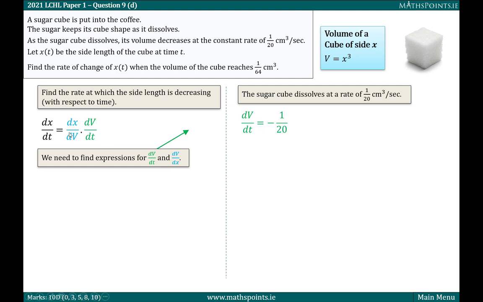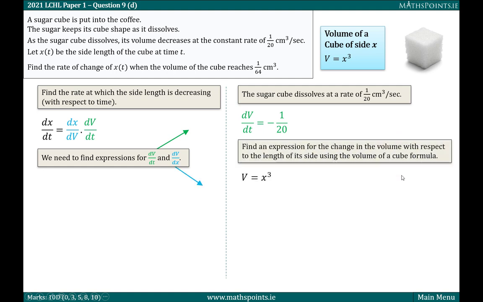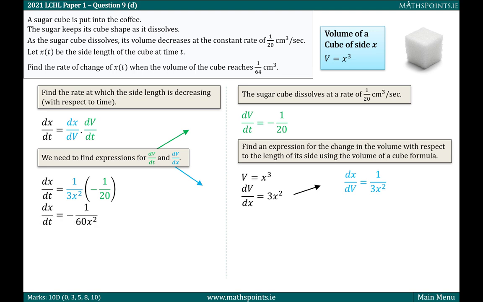We can find dx dV by differentiating the formula for the volume of this cube. So dV dx is equal to 3x squared. We're looking for dx dV, so we're going to turn that upside down. We get 1 over 3x squared. And then we put that all together, and we have dx dt is equal to 1 over 3x squared times minus 1 over 20, which is equal to minus 1 over 60x squared.